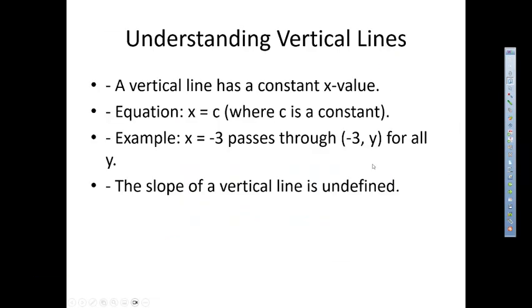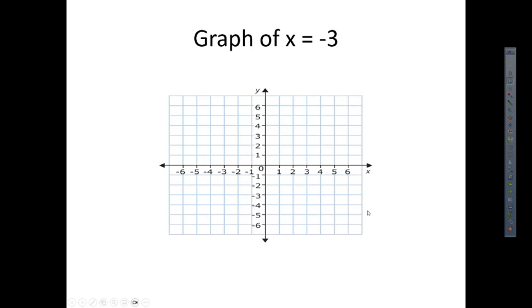All right. A vertical line is a line that has a constant x value, where the equation is x equals c. So an example is x equals -3. It passes through -3, and it doesn't matter what the y values are. And the slope of a vertical line is undefined.